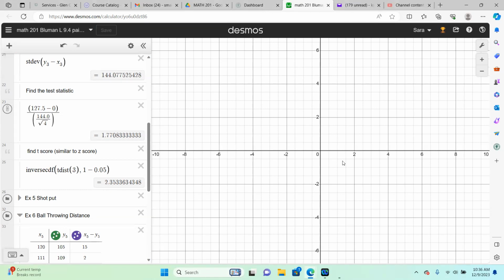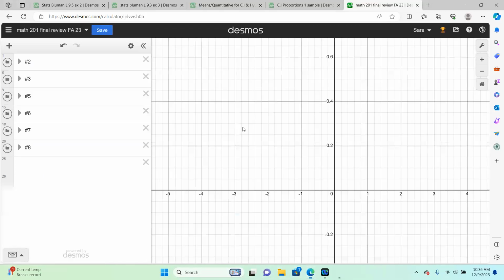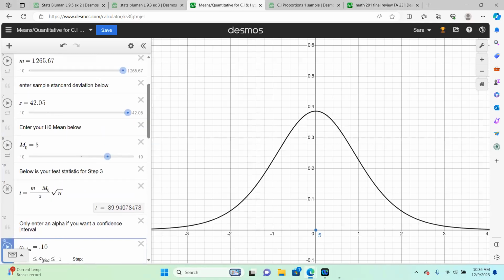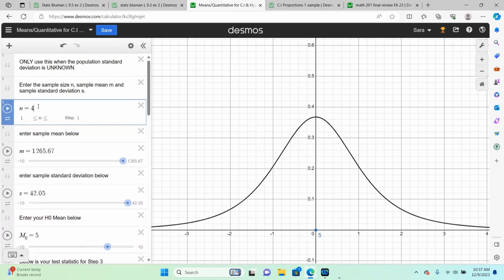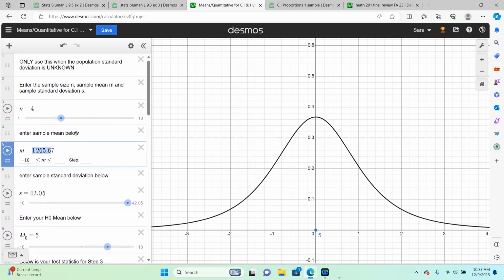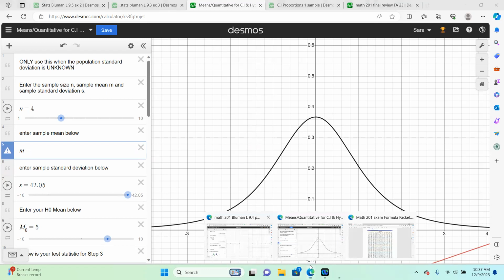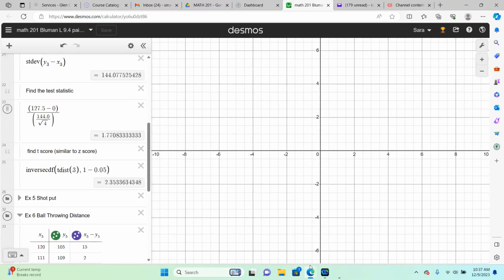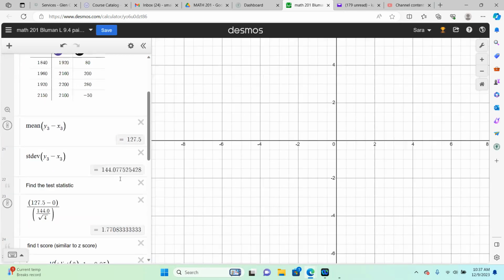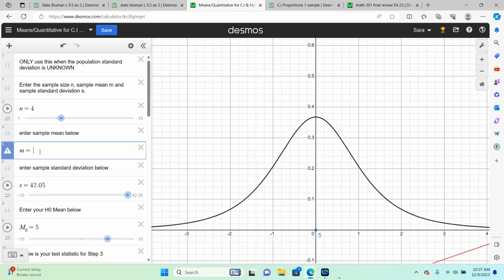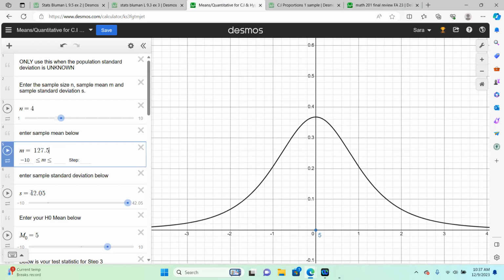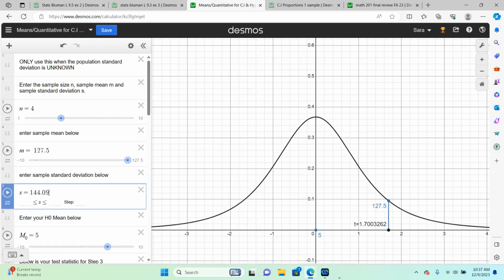So if we go to the means program and type in what we have here, okay, so I'm going to type that in, 127.5, and the standard deviation is 144.08.